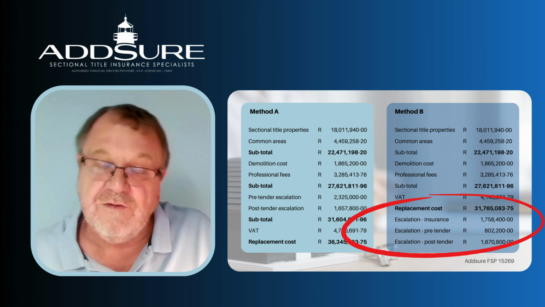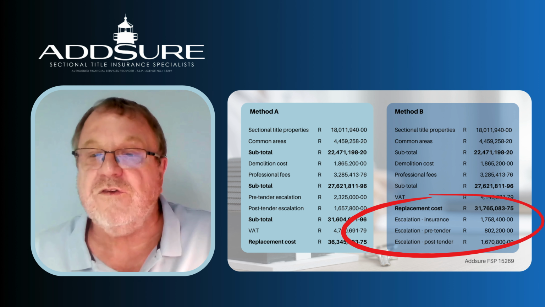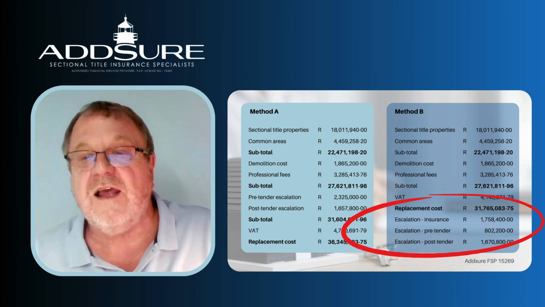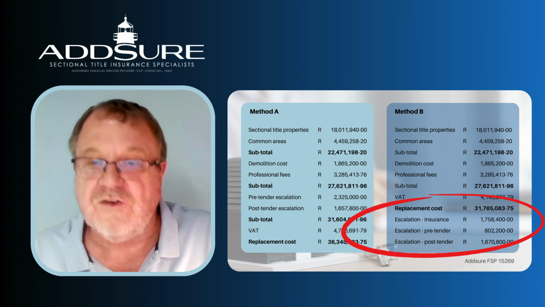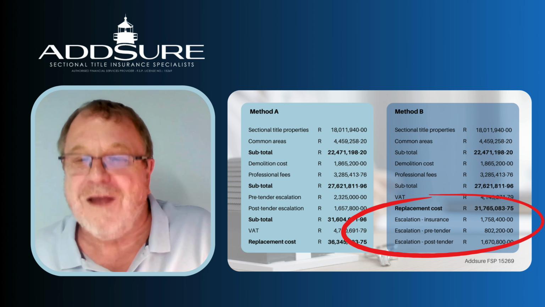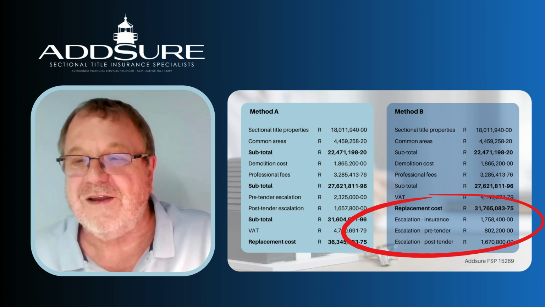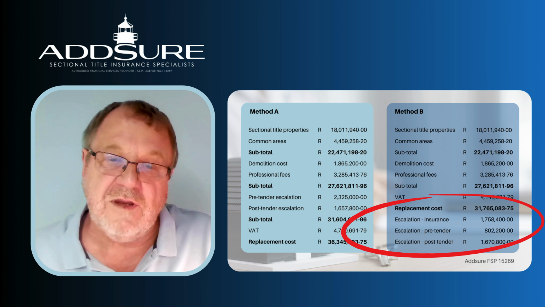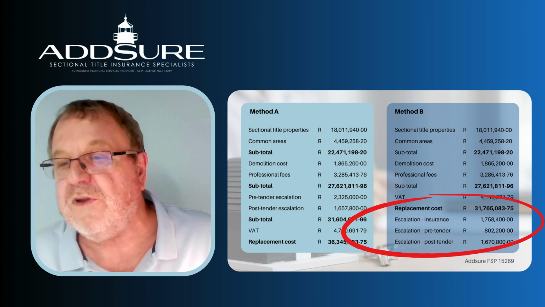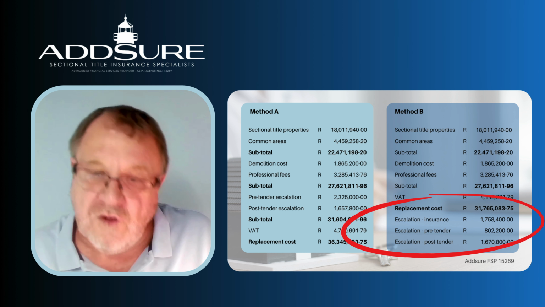So then you have your escalation for the period of insurance, and then you have your escalation for the period of reconstruction and redesign, in other words, pre-tender and post-tender. The one method includes the escalations, the other one puts it on the outside, and you've just got to be careful.